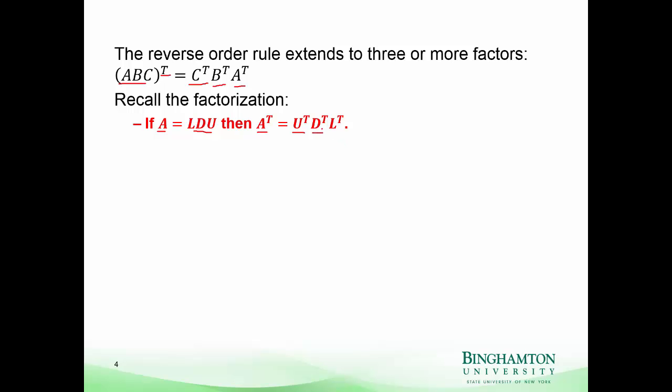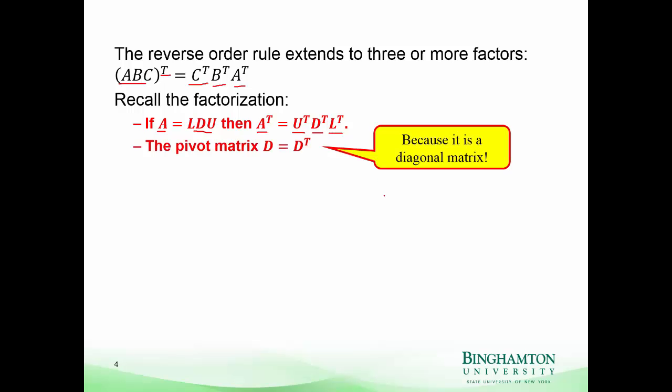D is in the middle, so it stays where it was, but also transposed. Then L transpose. Now remember, D is diagonal, so you can verify, and it's not terribly difficult to even just visualize this in your head, a diagonal matrix is its own transpose. So we can replace D transpose by D.